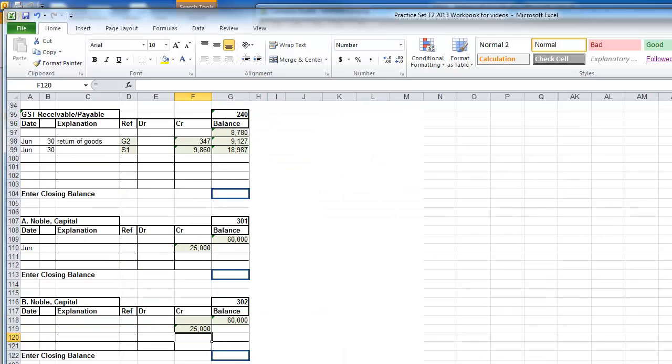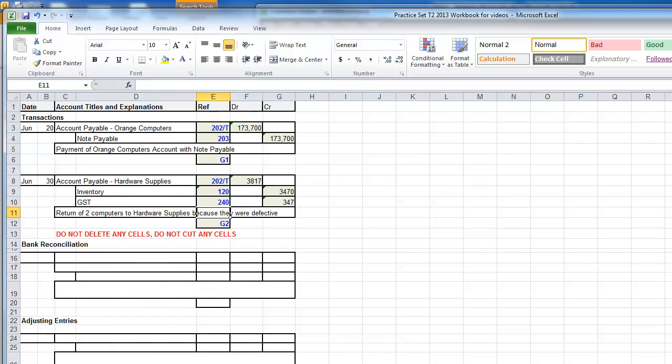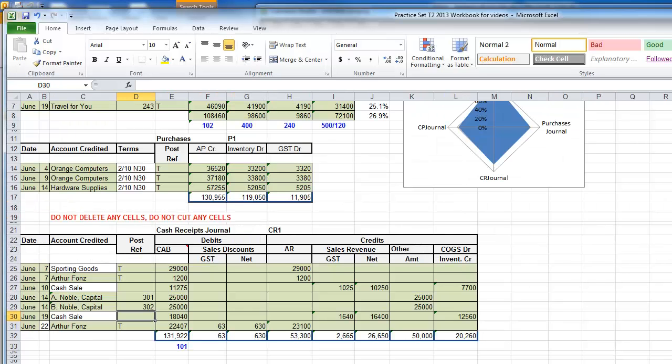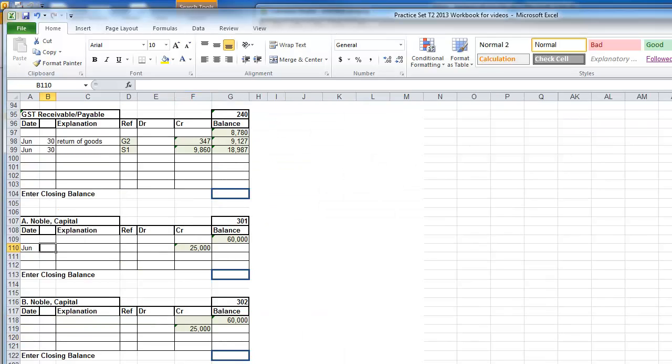So I'll check the date, general special journal, that was June 14. So June 14, June 14, capital introduced.